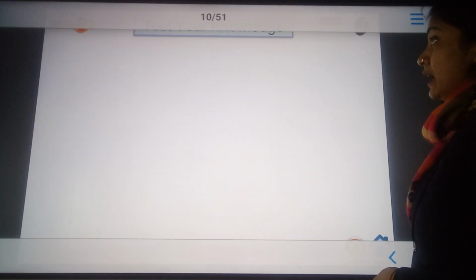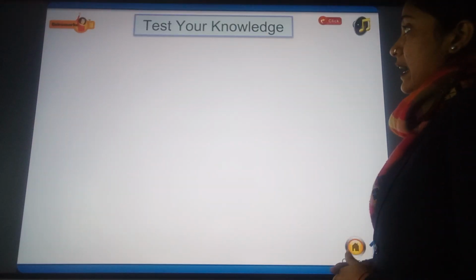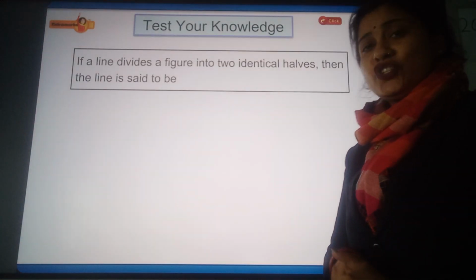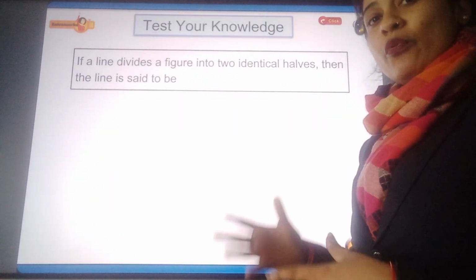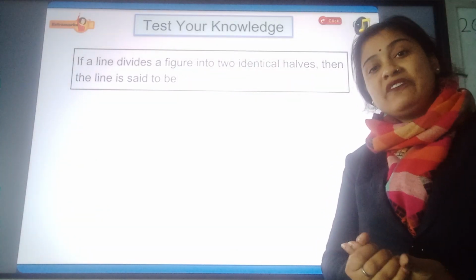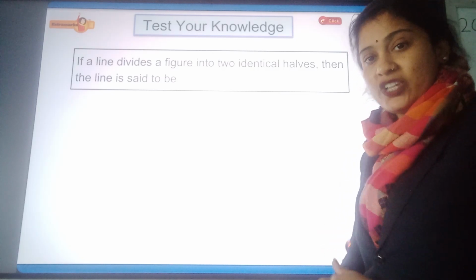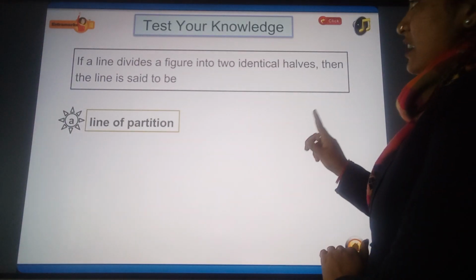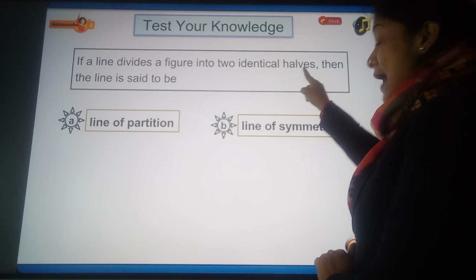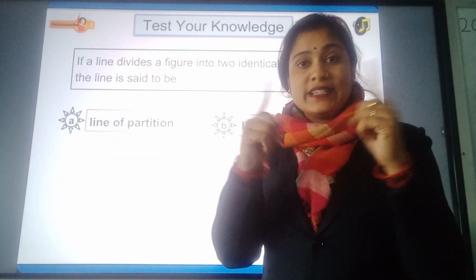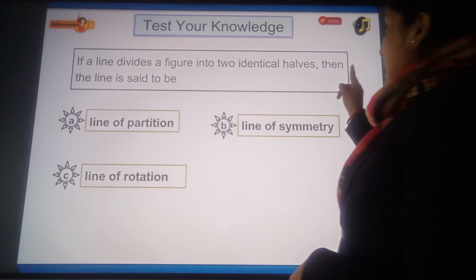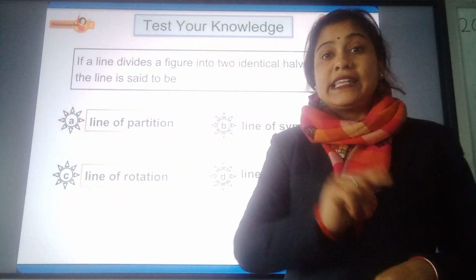Then here is a question just to test what you understood from the previous explanations. It is: if a line divides a figure into two identical halves, then the line is said to be.